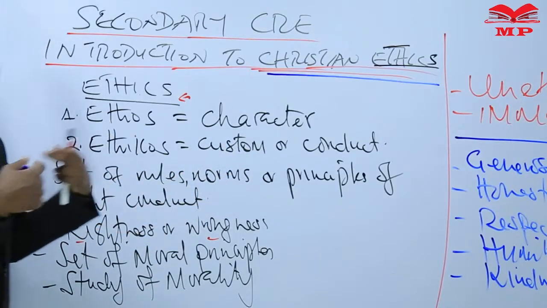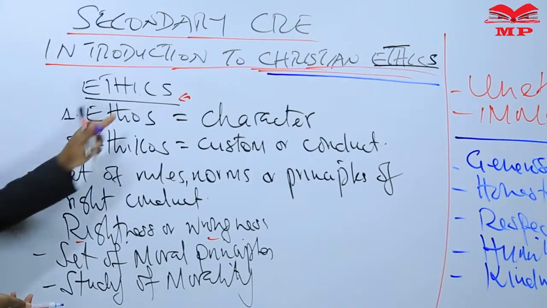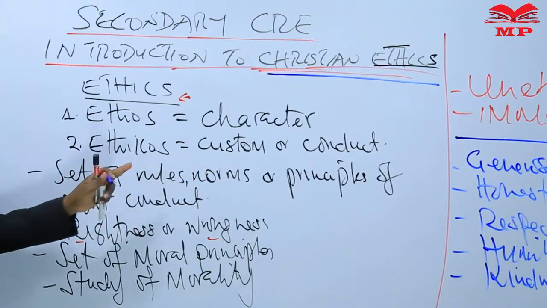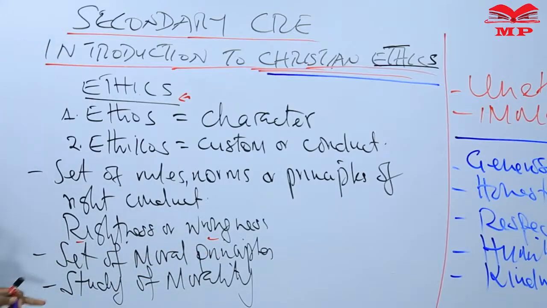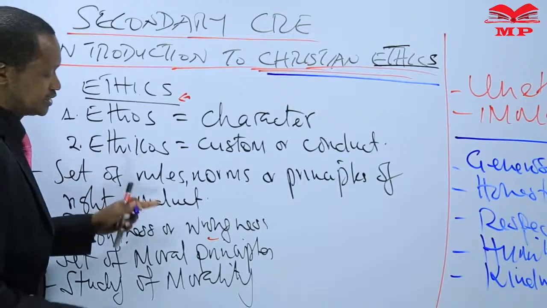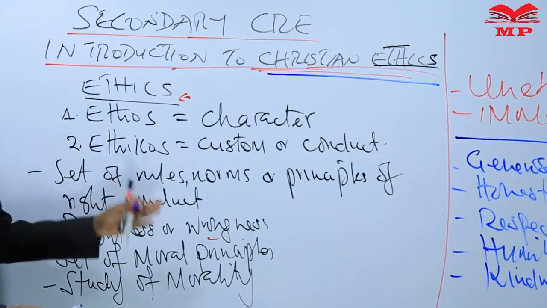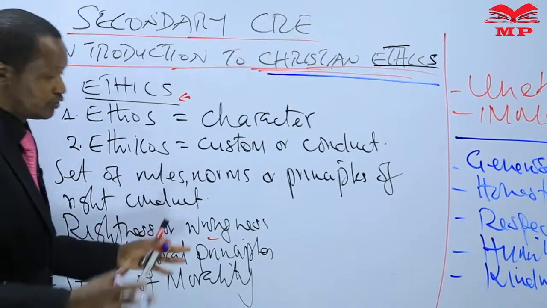We have also given alternative meanings of the word ethics. We've said it is a set of rules, norms, or principles of right conduct. It is a set of moral principles. It is a study of morality. I've said morals and ethics are used interchangeably. We've said that these norms are practiced in any group of people.